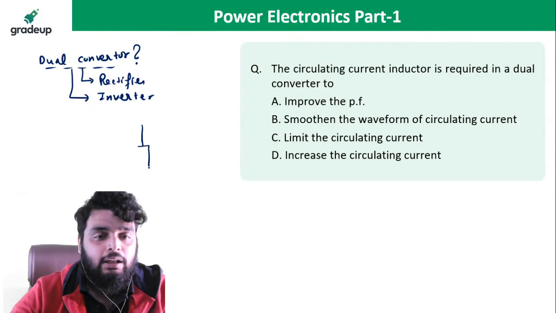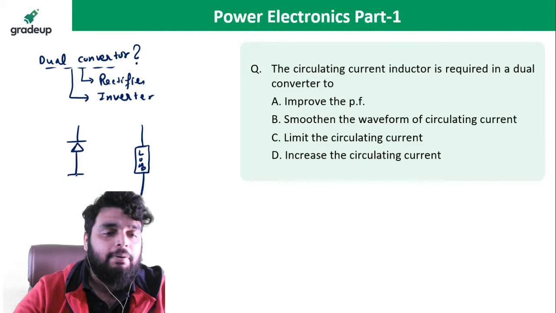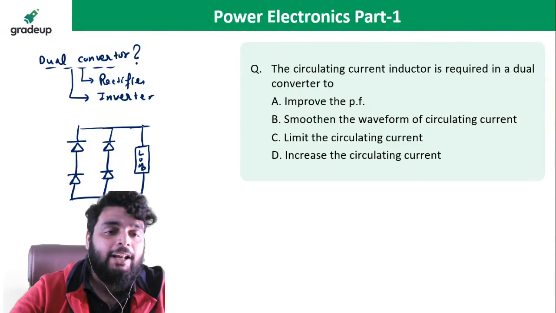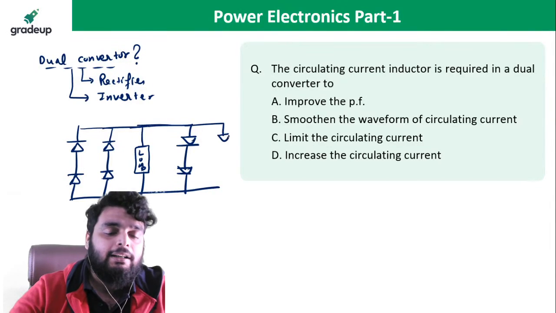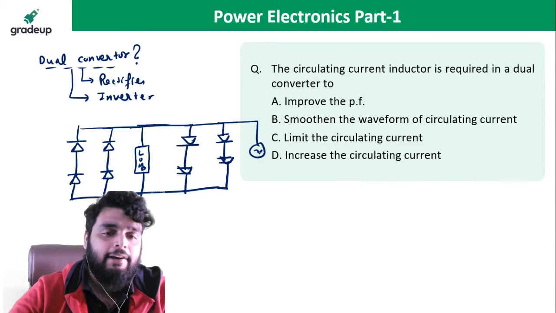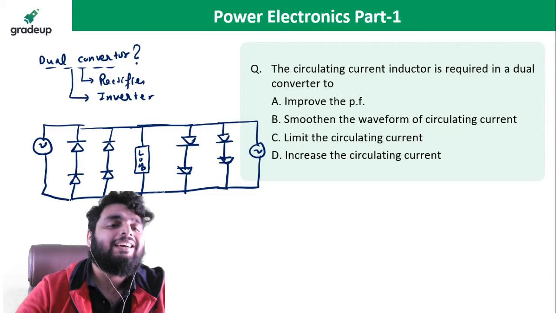See, in a dual converter, one side of the load is connected to a full bridge rectifier like this, and the other side of the load is also connected to a full bridge rectifier, but in the reverse direction. This is a supply here. This is a supply here. So this is the dual converter.